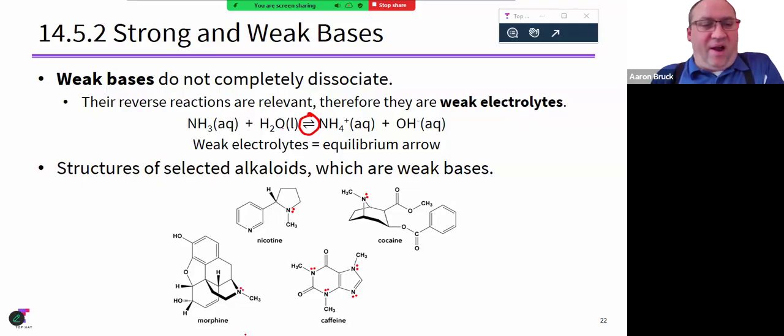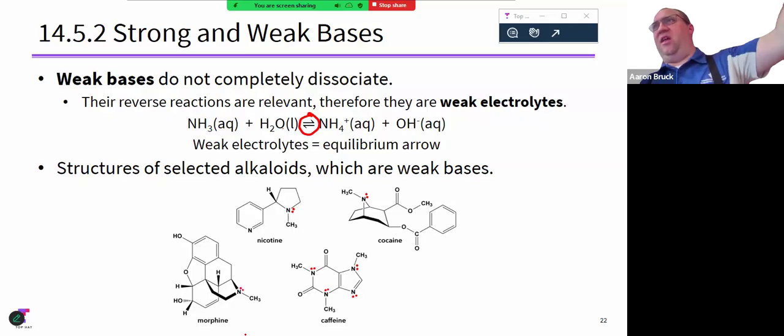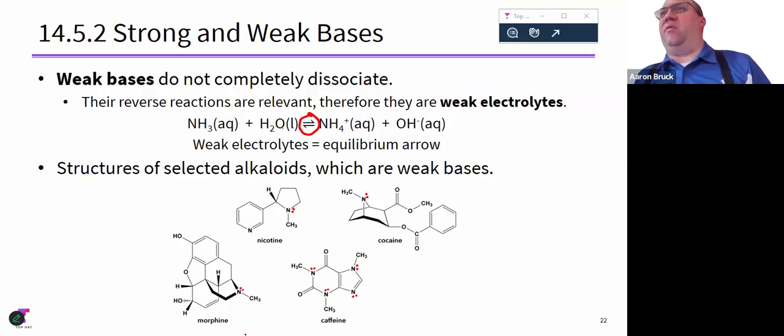Depending upon the environment, that lone pair of electrons can go out and grab something else, whether it's a hydrogen or another molecule, and that is the basic behavior that we're talking about. So when these molecules find their way into water, that's how they proceed to become basic in their activity and basic in their pHs, some more so than others.